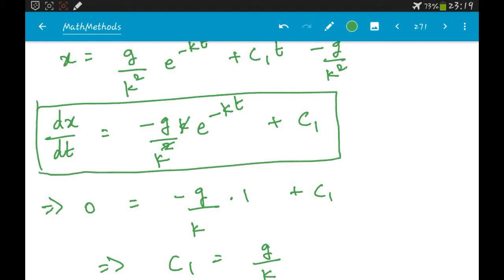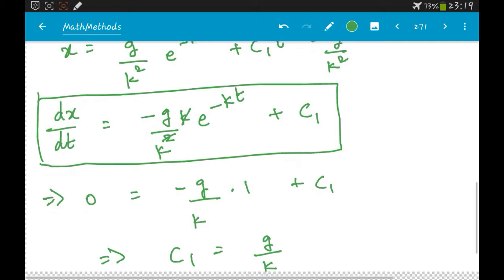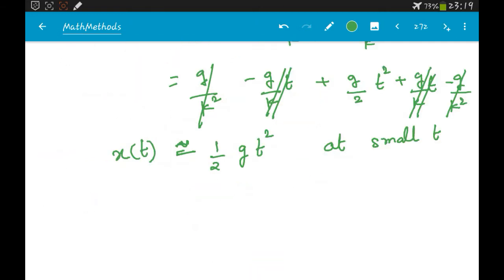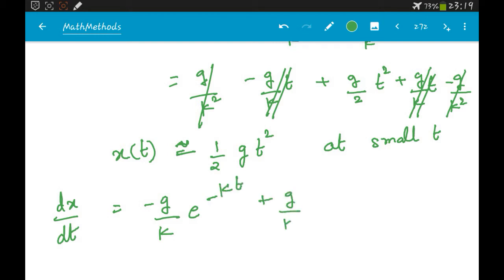So dx by dt is minus g by k e power minus kt plus g by k. This is your dx by dt.